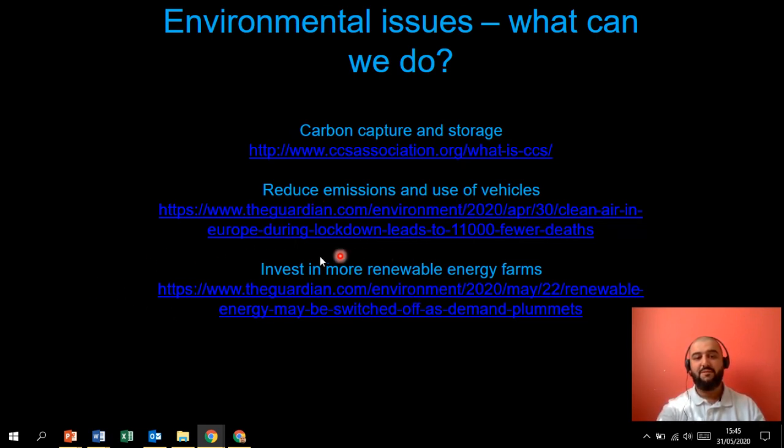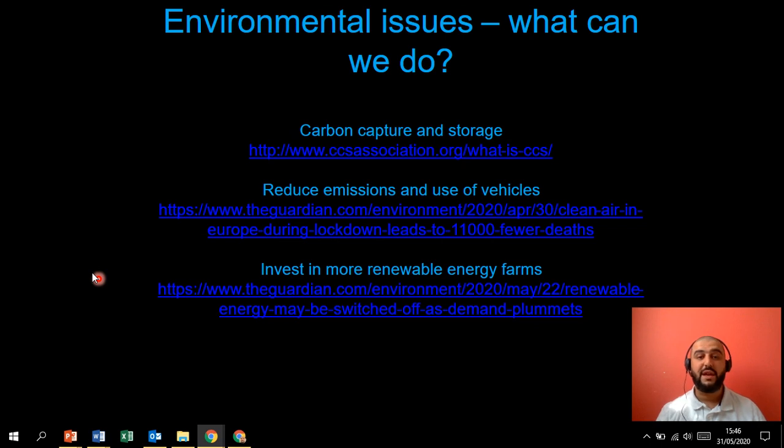And then this final article here, by investing in more renewable energy farms, we can actually get to a position where our renewable energy is producing so much more energy than we actually require and then what the consumption is. So this article is talking about the fact that, again, during this coronavirus crisis, as restaurants and factories have shut down, our consumption has reduced, and as a result, the national grid is asking for these renewable energy farms to actually shut down temporarily, because they produce electricity, which is then fed into the grid, and the national grid don't know what to do with it.